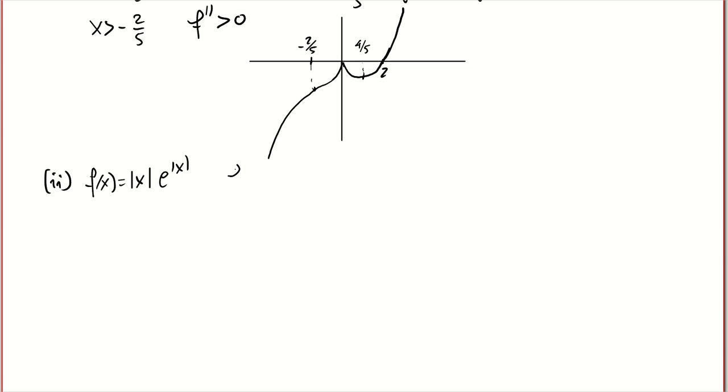On the other hand, there is an obvious symmetry, because given that it is defined in terms of absolute values, if you change x by minus x, you get the same function. So what I'm going to do is plot this function, or at least analyze it, in x larger than 0, right? And that tells us everything.